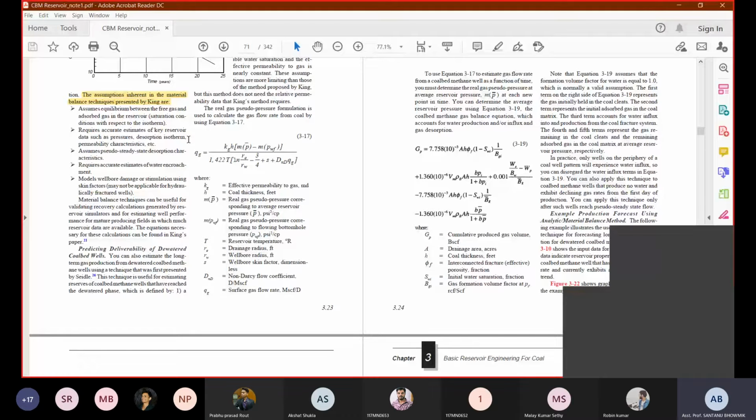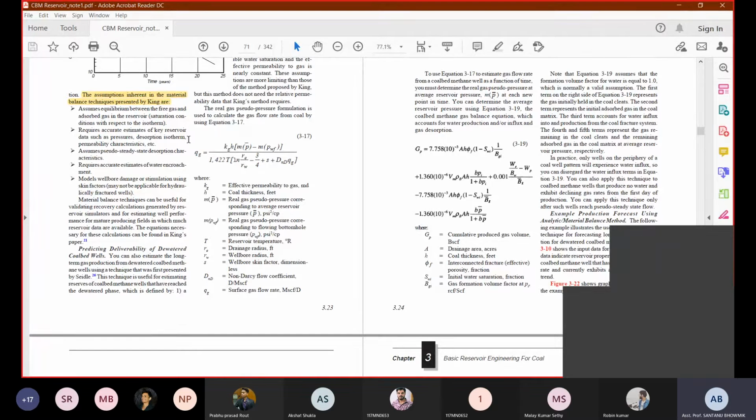Why is it important to know the desorption isotherm? Because unless you have the desorption isotherm, you will not be able to know about the saturation, the undersaturation, or the total saturation of the reservoir with the gas.